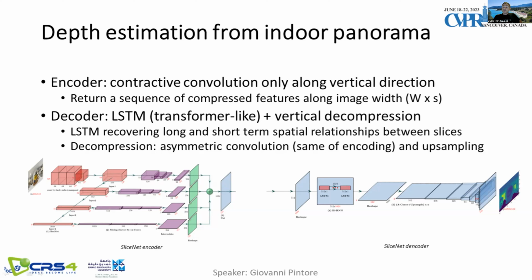In the SliceNet implementation, features are refined through an LSTM module, which is a kind of transformer ancestor in some ways. Once refined, the compressed features can be convolved and upsampled to reach the desired output resolution.